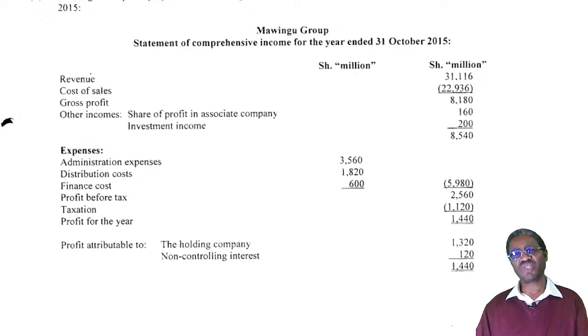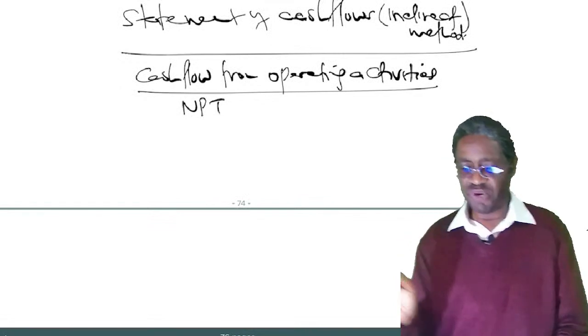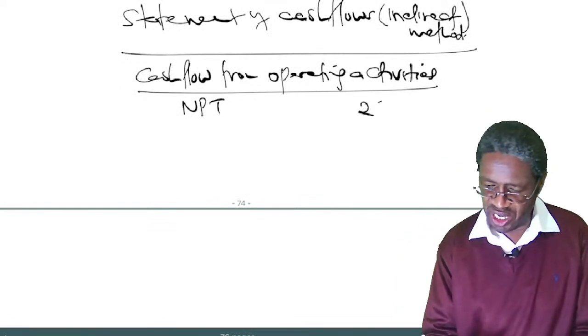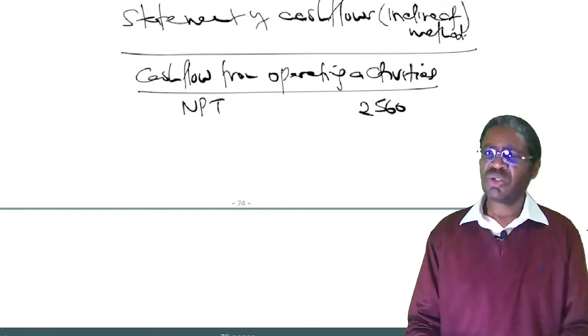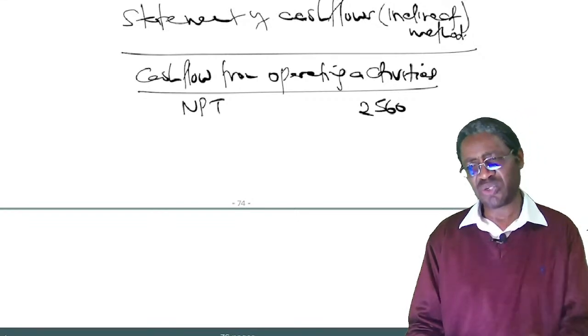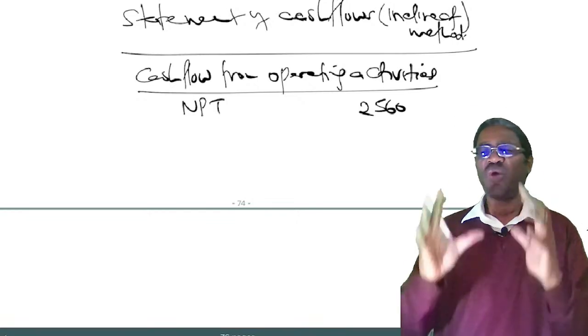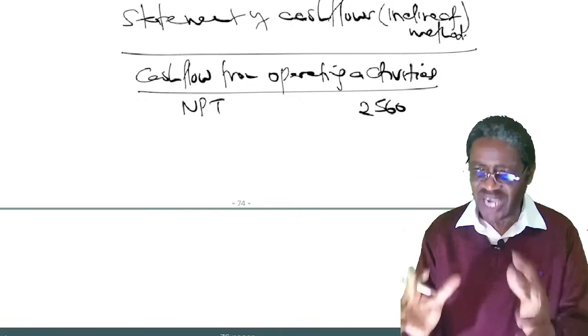According to the income statement, the profit before tax was 2560. That's what we normally pick. So bring it: that is 2560. Then we normally adjust it with all the non-cash items.